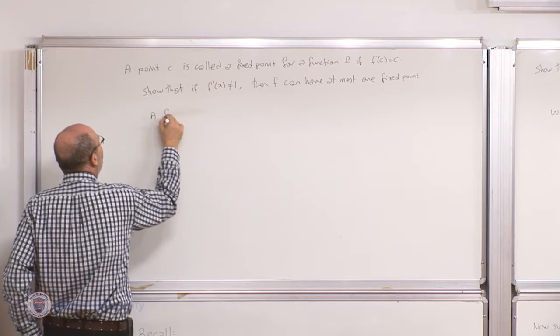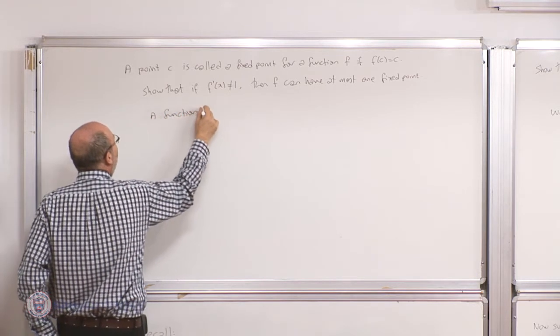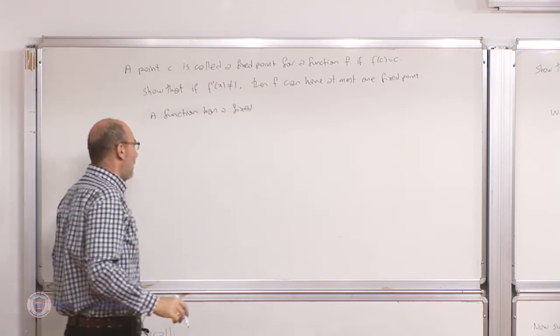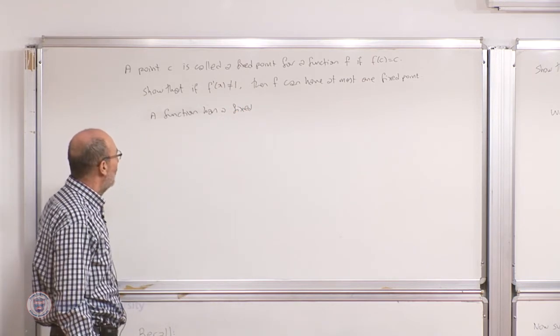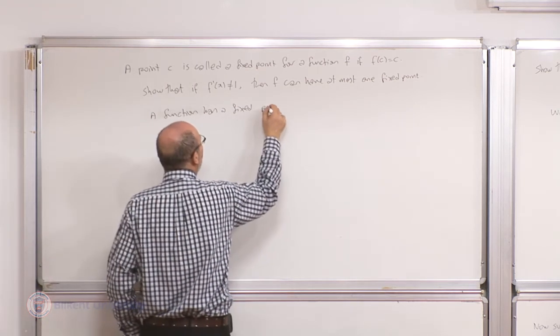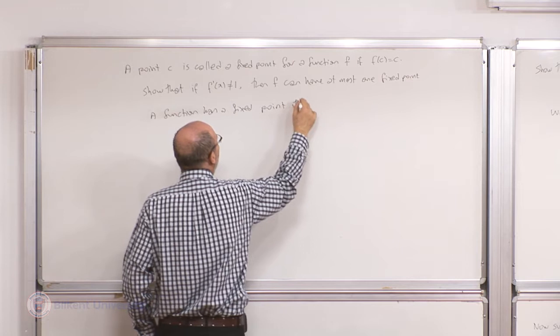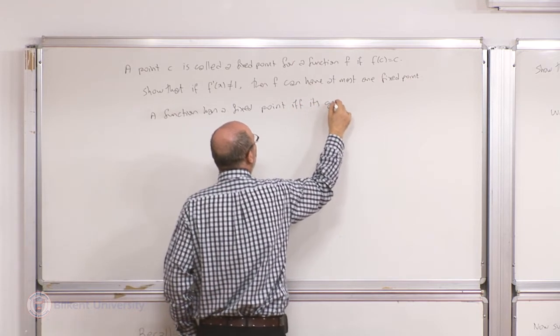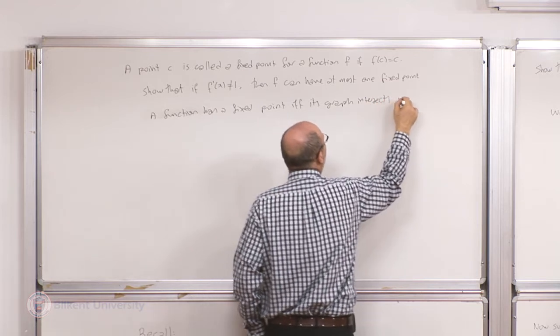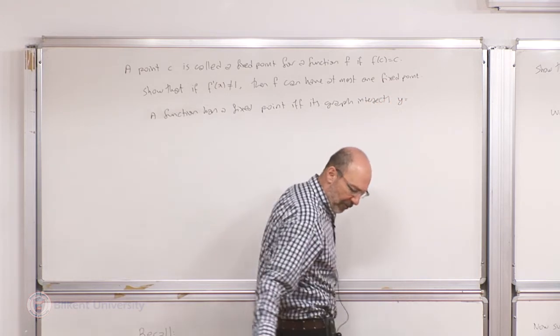A function has a fixed point if and only if its graph intersects the graph of y equals x.